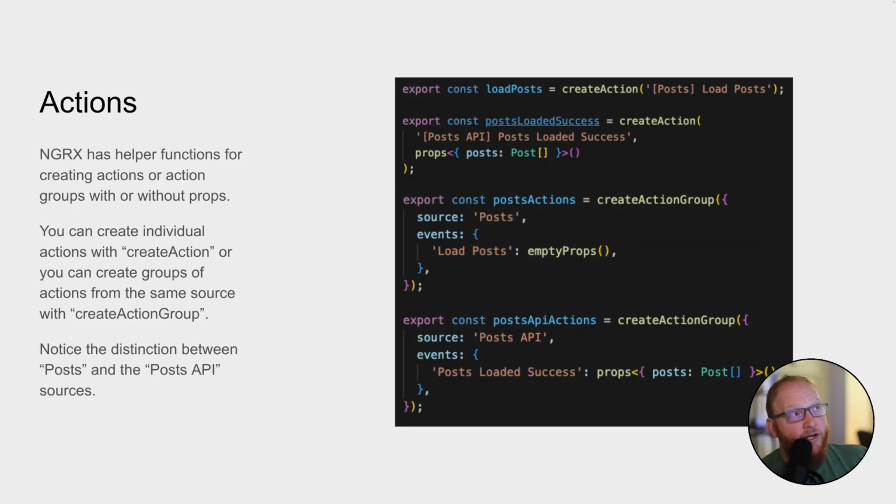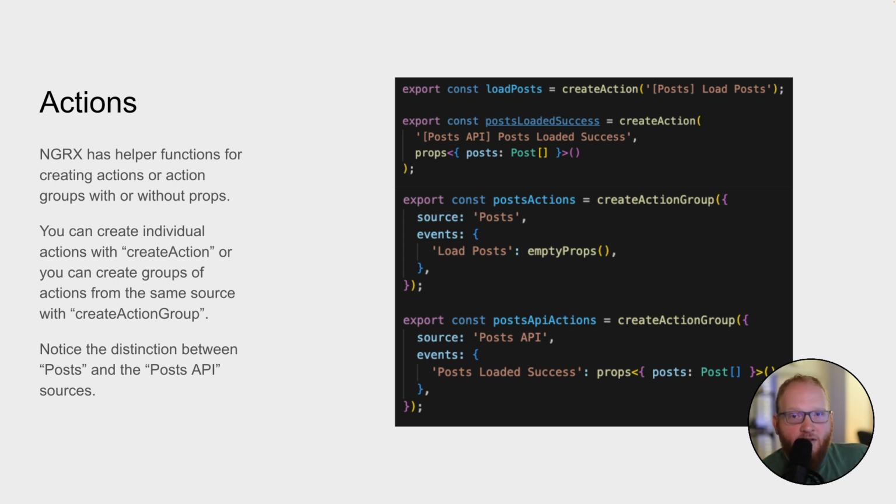So here's the action. There are actually two different ways to do actions. There are actually more than two, but these are the two more common ways I've seen, unless you really like to type. The create action helper function is pretty nifty if you're just making little one-off actions, but I prefer the create action group if you're making multiple actions for a particular type of state.